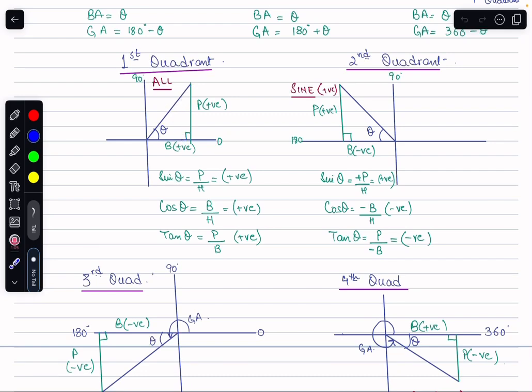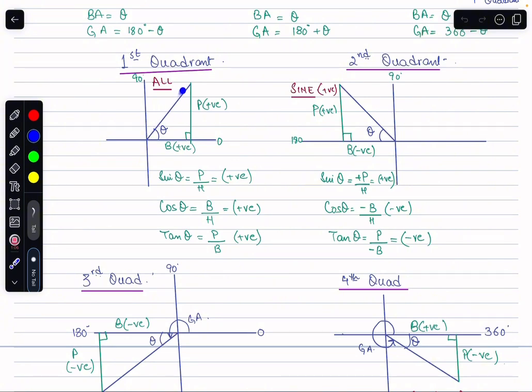First quadrant. This is my rotation in the first quadrant, making an angle theta. We know that for trigonometry, all the three ratios, sine, cosine, and tangent, are given with respect to a right angle triangle. Therefore, I have this right angle triangle here. With this right angle triangle, obviously, this is going to be my base, which is positive in this case, positive x-axis, positive base, and positive perpendicular because it's parallel to the positive y-axis.